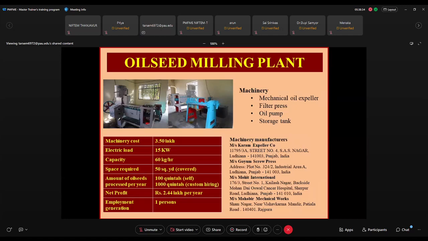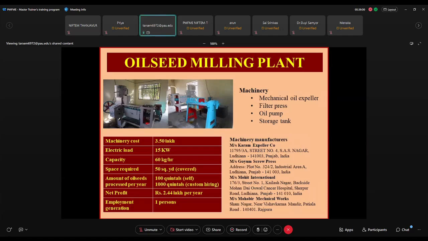And in the solvent extraction technique, a lot of other materials are also extracted, but the best solution is using the mechanical expeller. For most of the oil seeds we can use mechanical expellers.